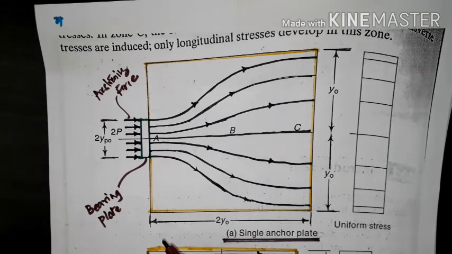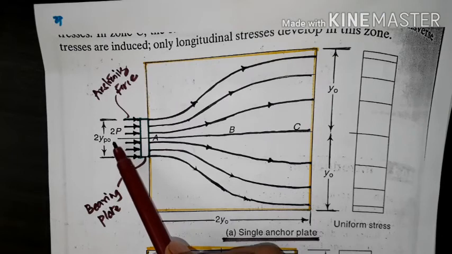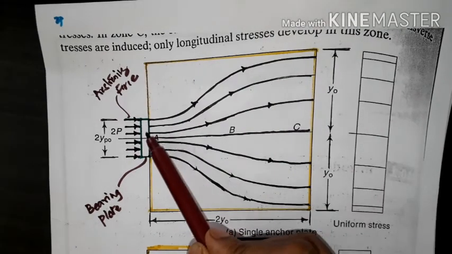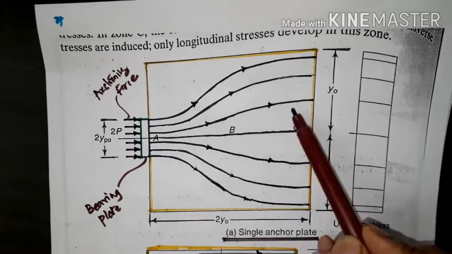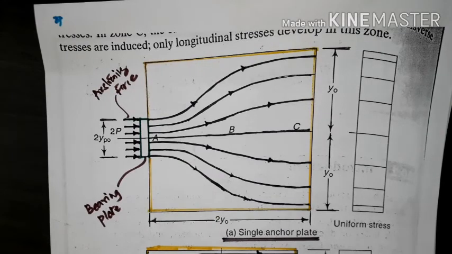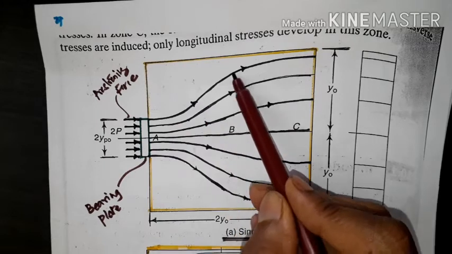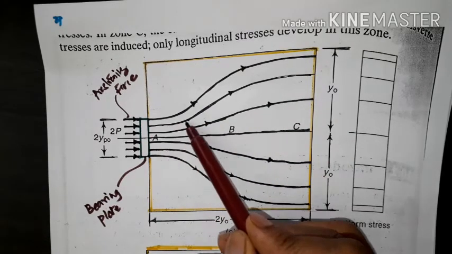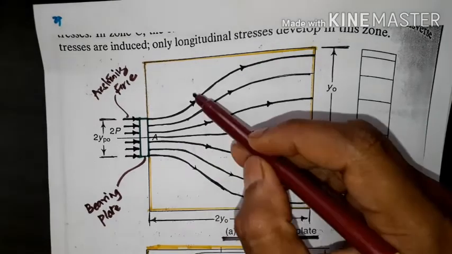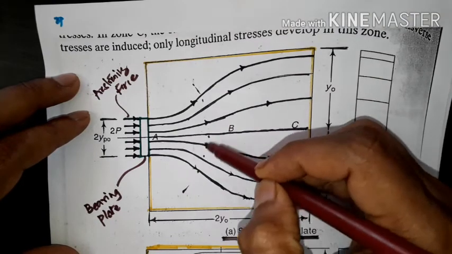That bearing plate will transfer the prestressing force into the concrete, and we can see these are the flow of the stresses developed in the concrete due to the prestressing force. These are the longitudinal stresses developed, and this will also try to develop tensile stresses like this.